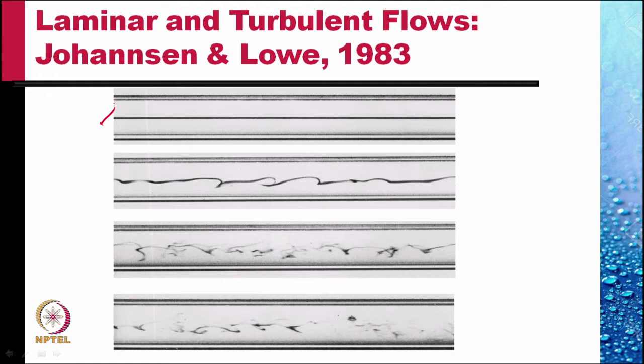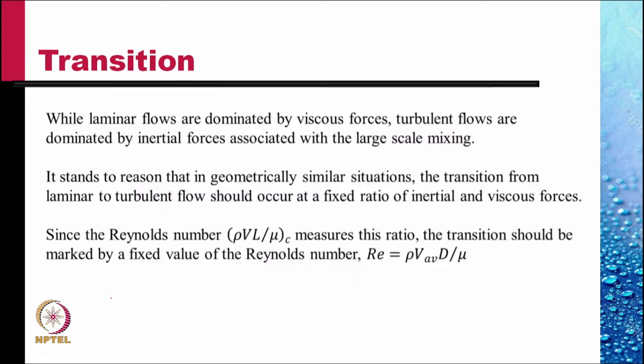Then, as the speed increased, the streak of dye started changing character, and by this speed, there was no longer a smooth streak, but largely dispersed dye. This transition from laminar to turbulent is interesting.